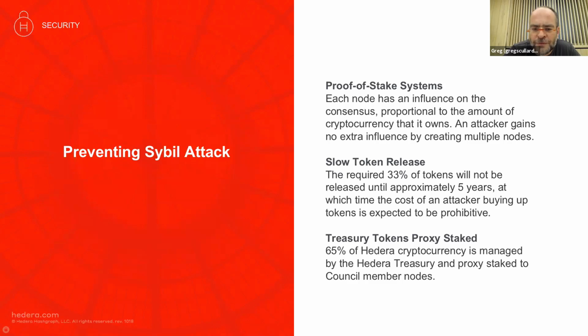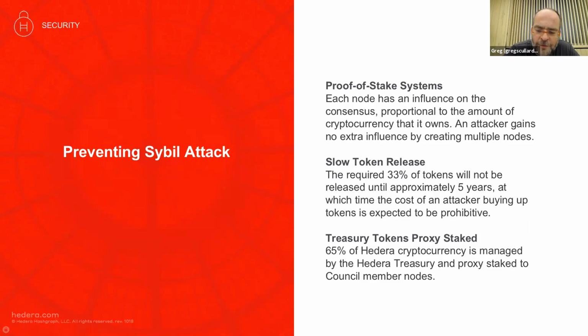So if you have 1,000 tokens and one node, then your node votes with 1,000 tokens. If you create 1,000 nodes, you have to give them each one token. So you have 1,000 nodes voting with one token. Well, guess what? Your influence on consensus is exactly the same whether you have 1 or 1,000 nodes.